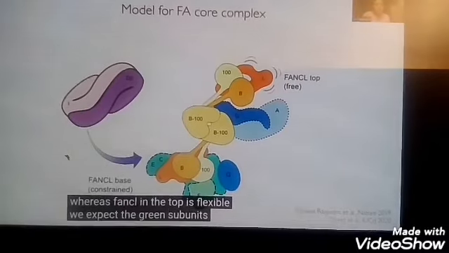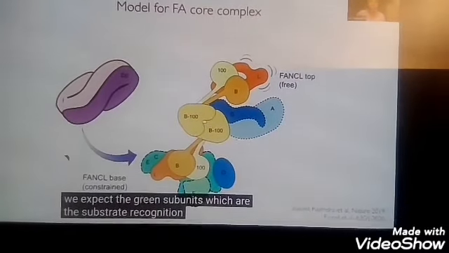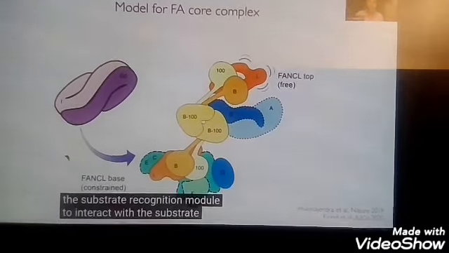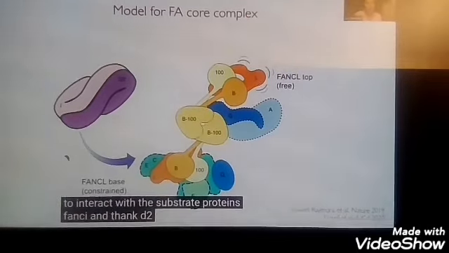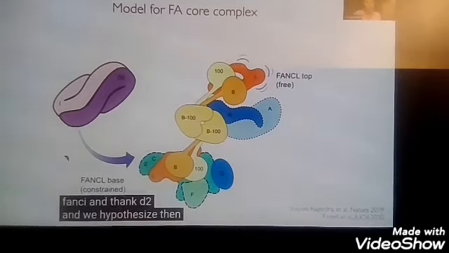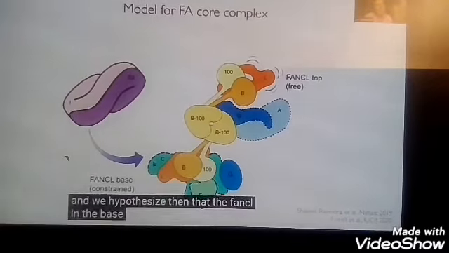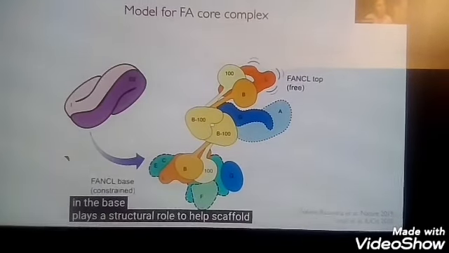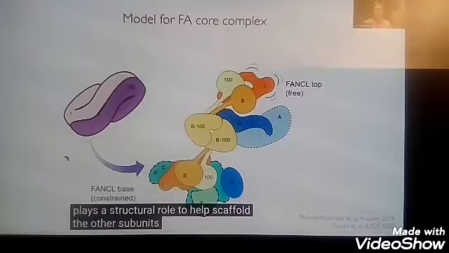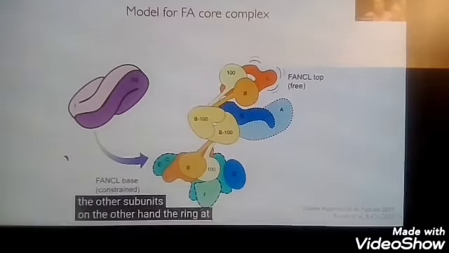We expect the green subunits, which are the substrate recognition module, to interact with the substrate proteins FANC-I and FANC-D2, and we hypothesize then that the FANC-L in the base plays a structural role to help scaffold the other subunits.